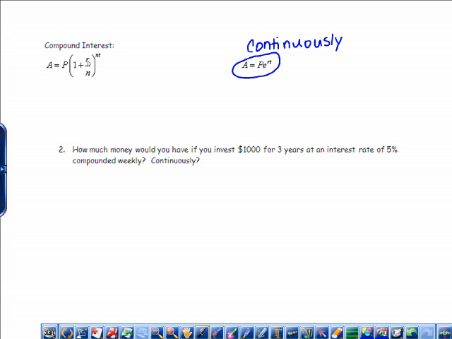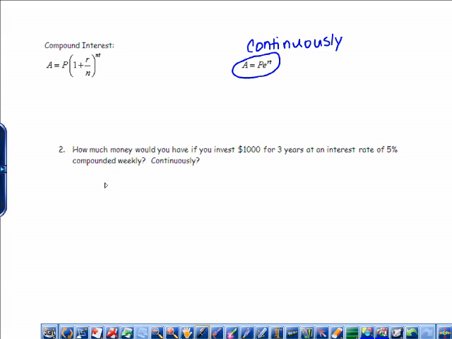R is your rate, as a decimal, so a 5% rate would be 0.05 for R. N, here and here, is the number of times per year your interest is compounded, and T is your number of years. Write down, rewind, write down as much as you need to. You can Google and they will have all this written out for you as well. I'm not going to do that though. I'll do that within this problem.